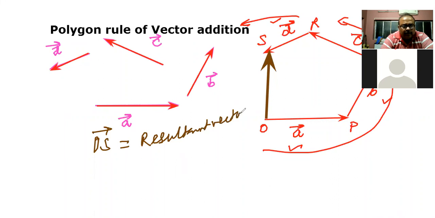Okay. So you may note down the polygon rule. Very, very important. Write down.